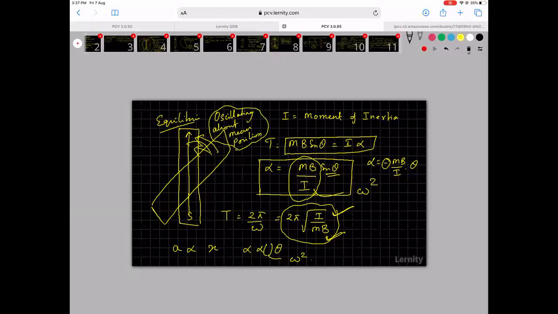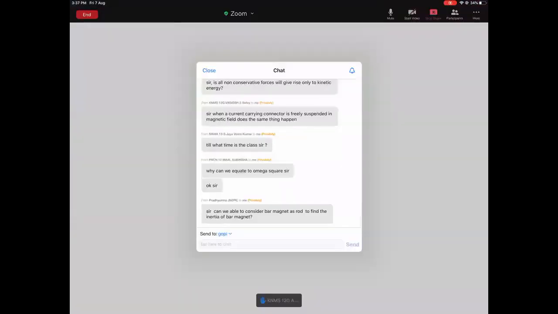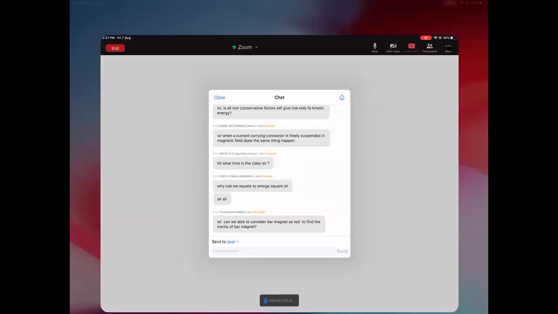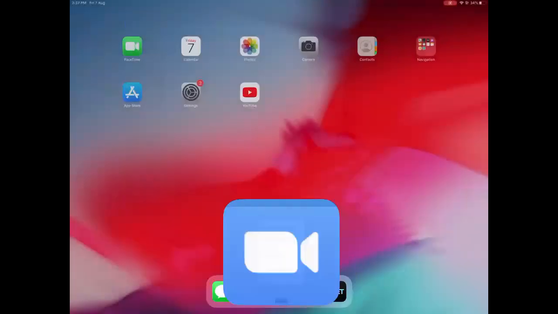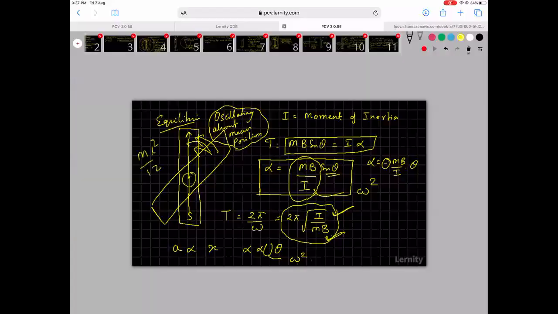So this will give you the time period for oscillations. Sir, can we consider a bar magnet as a rod to find the inertia? Yes, it's a rod, so moment of inertia about the center will be ml squared by 12.